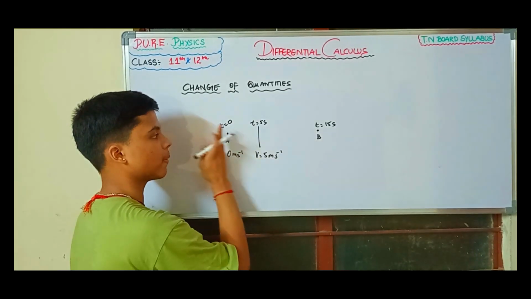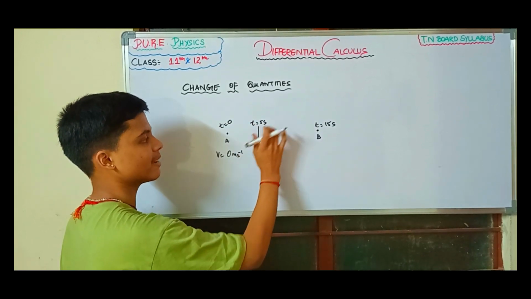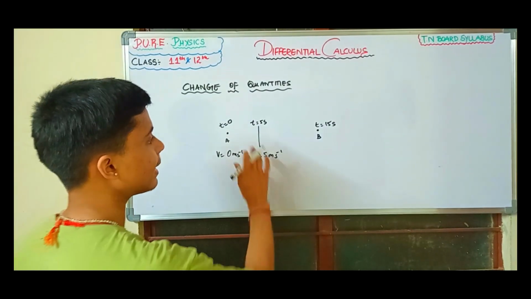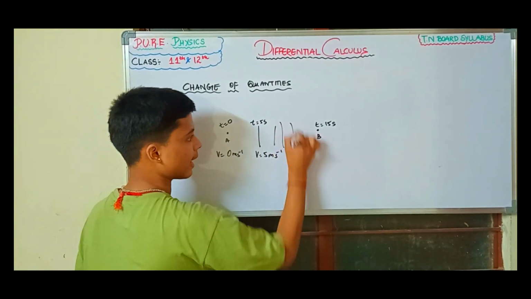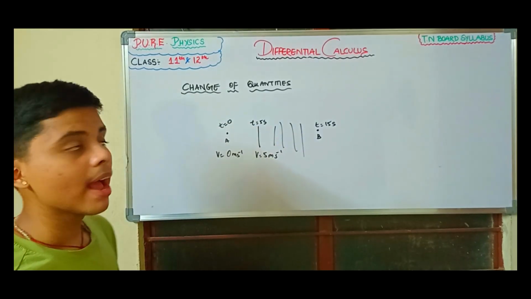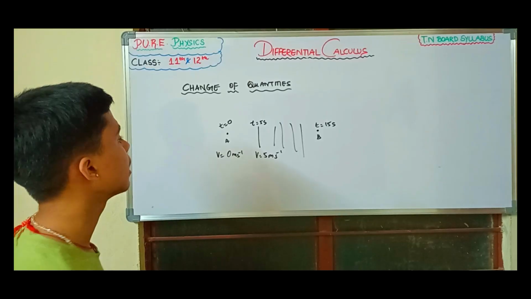As it moves from point A, the velocity will increase, and I am giving it 5 seconds, the velocity is 5 meter per second. So at every point of time, the velocity will change over an interval of time if it is not moving uniformly.